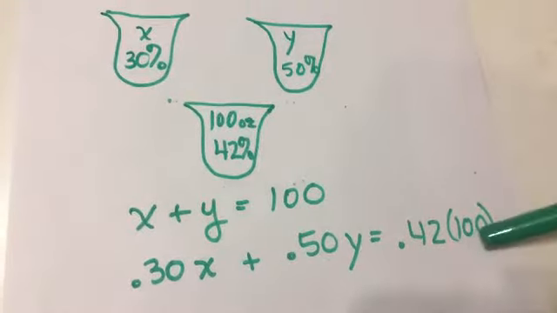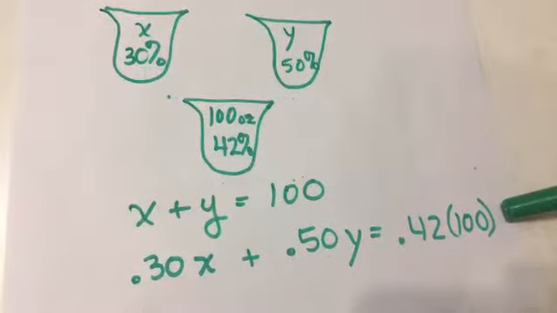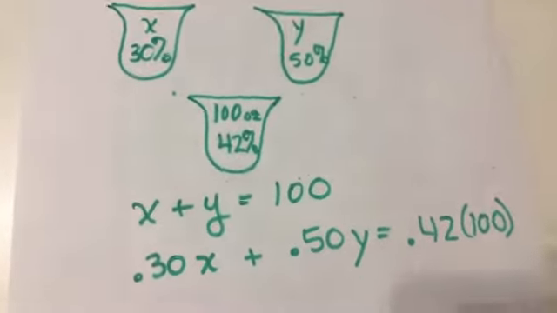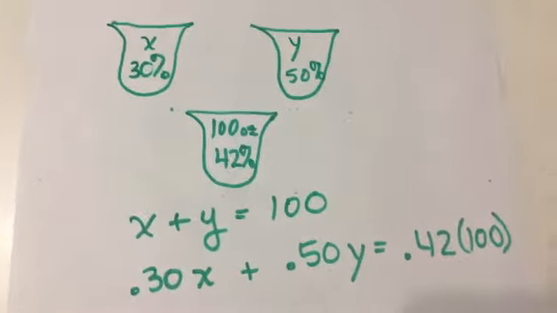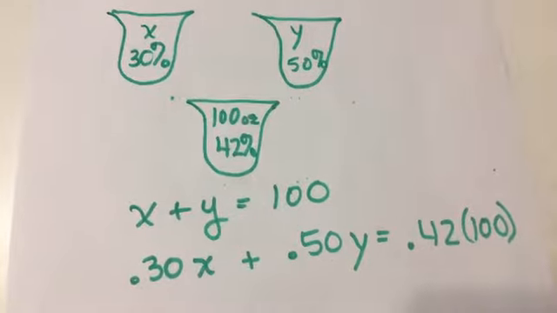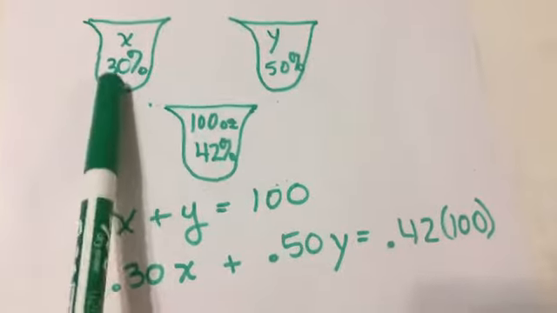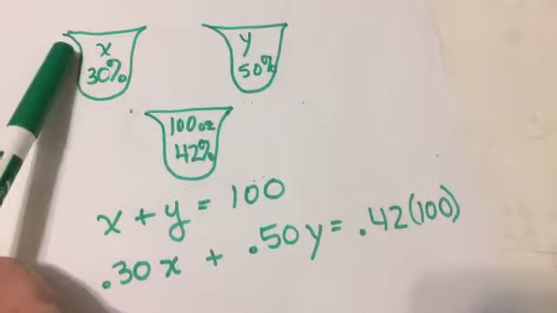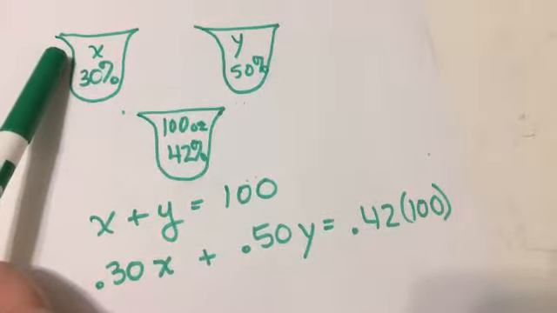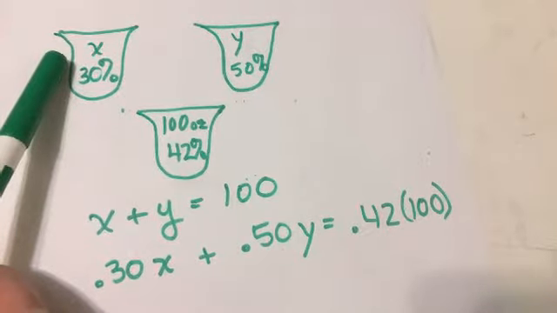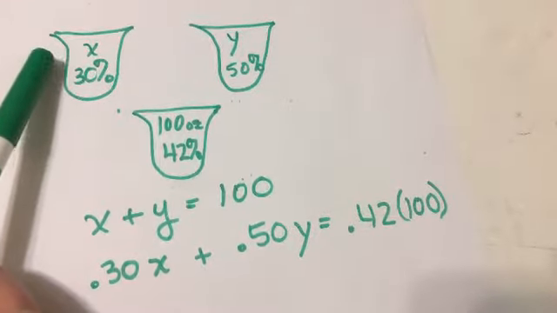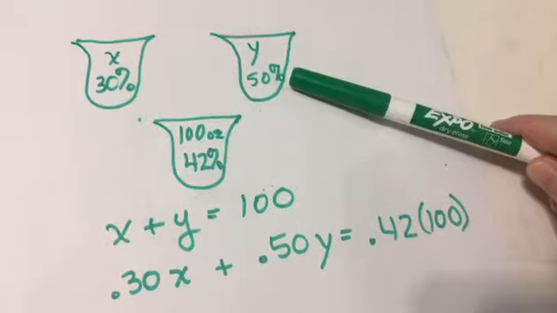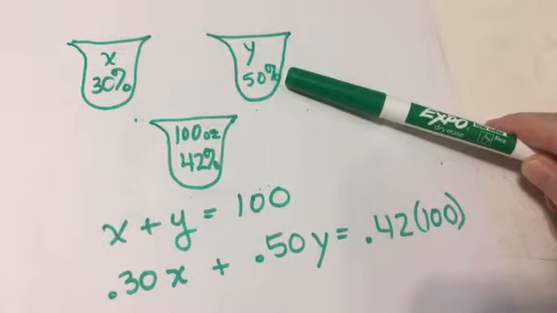And then this is the concentration, or how much acid we have. I know you've heard "garbage in, garbage out" that we use a lot with computers, but this is acid in, acid out. No matter what that X amount is, 30% times X is the actual amount of acid in that beaker. 50% times Y is the amount of acid in this beaker.